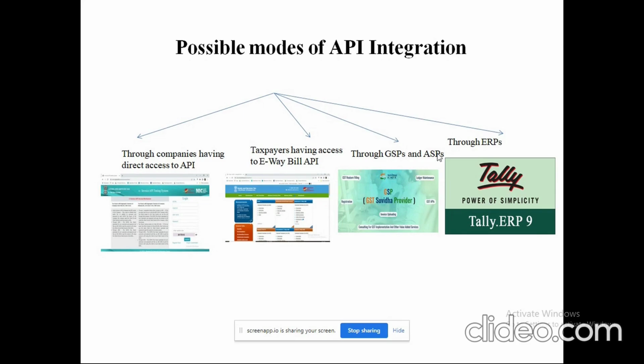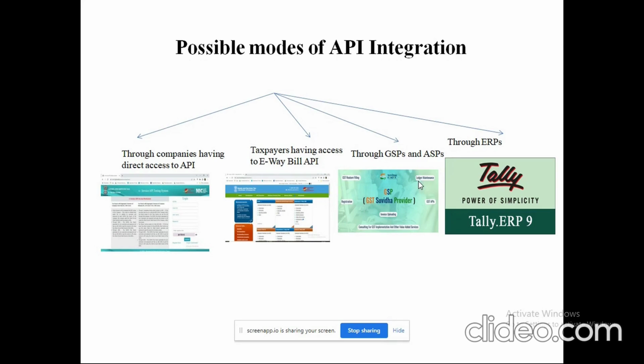First, ASP will collect the data, and with the help of GSP, GST Suvidha providers, those persons will help in GST compliance. Through GST Suvidha providers, the ASPs can register under the invoice registration portal and retrieve the QR code.